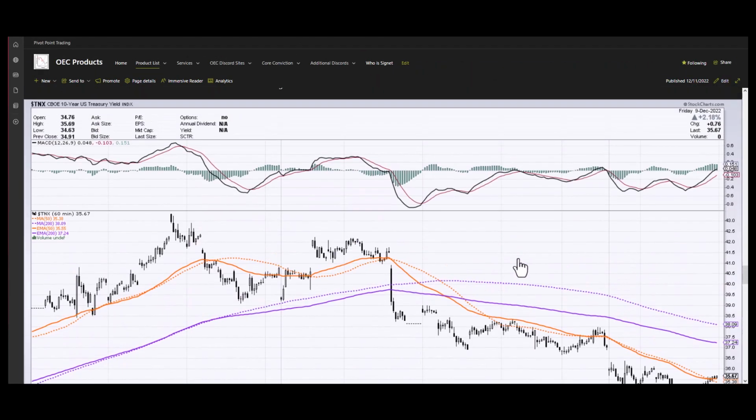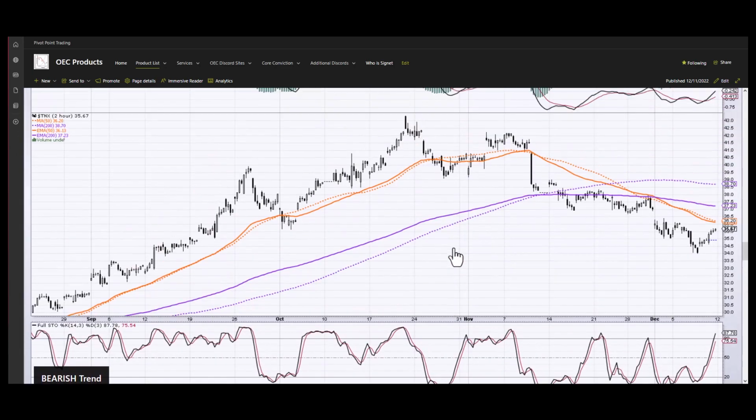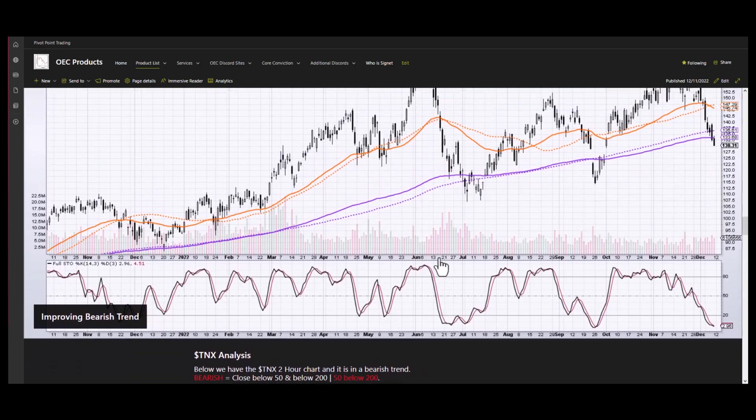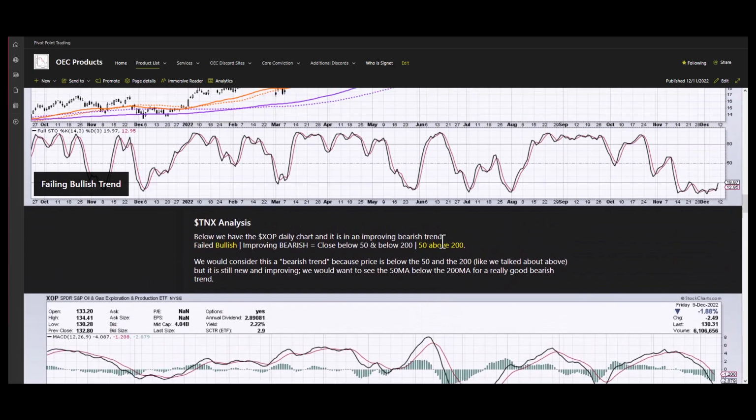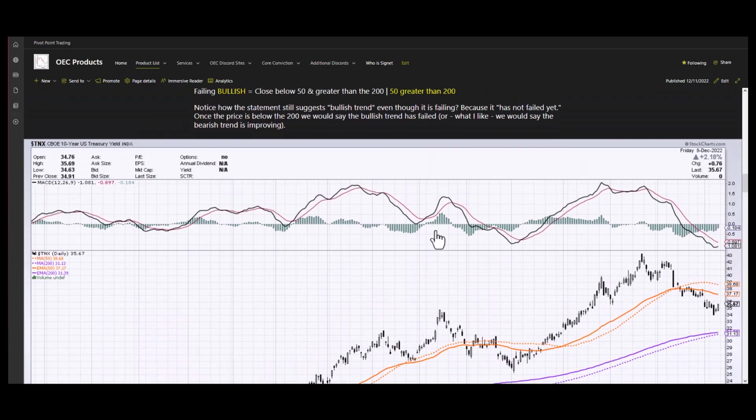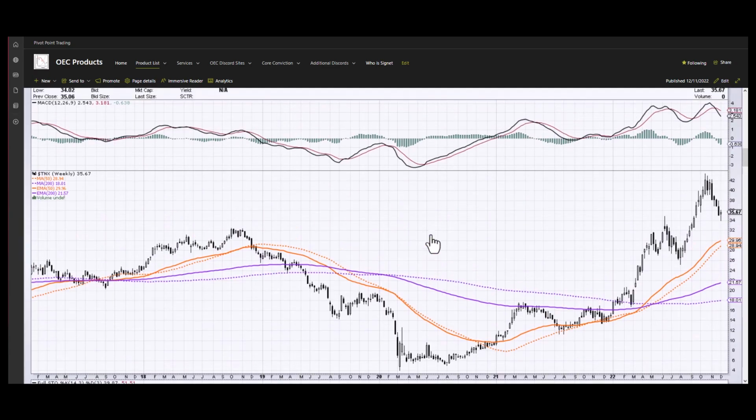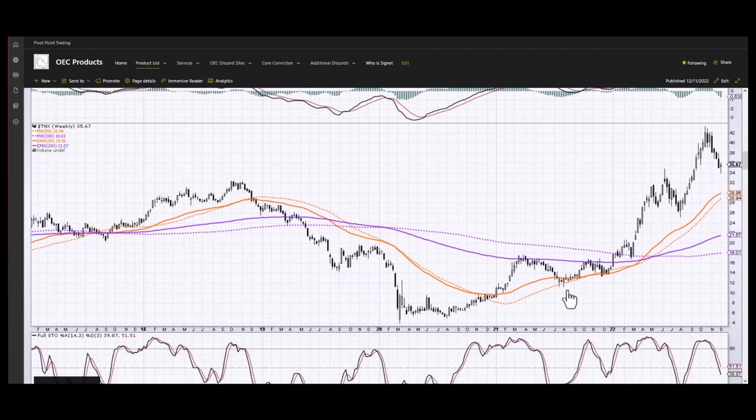Now here, when we go up to something like a weekly chart, that weekly chart has been trending for a long time too. In all of 2022, this is a weekly chart right there, we've been above both of these moving averages for all of 2022.